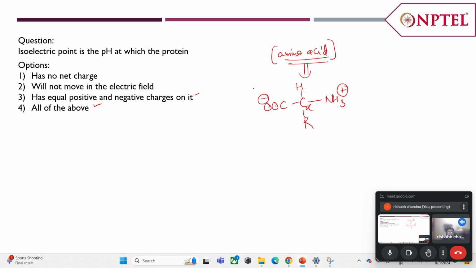Can anybody say yes, no, anything that you know? Is this schematic of an amino acid right or wrong? Please let me know that first.